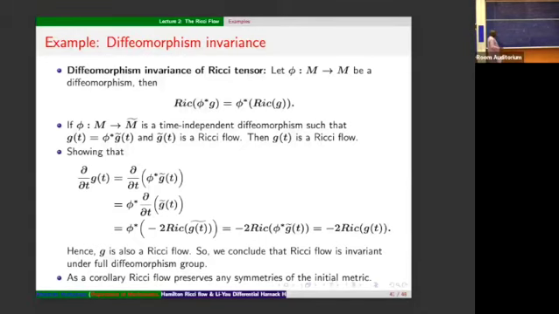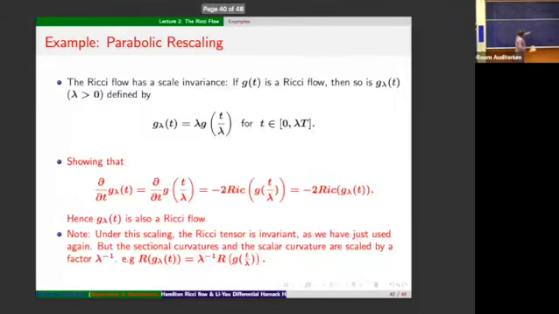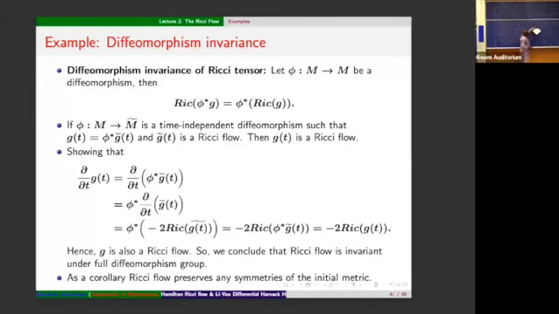Now, using this, if you define this G, and you know that it is a Ricci flow, that it solves the Ricci flow equation, then we can prove that this G is a solution of the Ricci flow equation. That's what you have here.